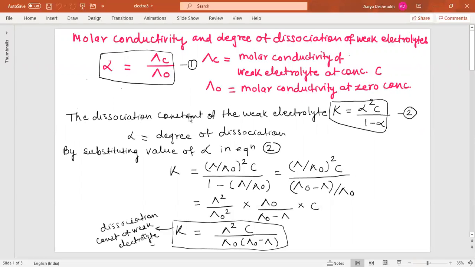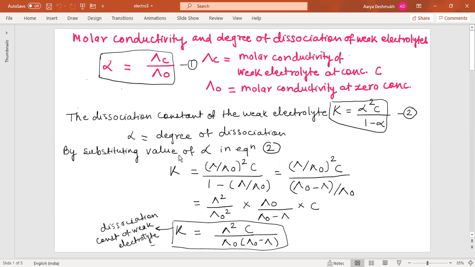Now the dissociation constant of the weak electrolyte is given by capital K, which is equal to alpha square into C divided by 1 minus alpha, where alpha is the degree of dissociation. As I already told, the degree of dissociation is the ratio of the molar conductivity at concentration C and at zero concentration.